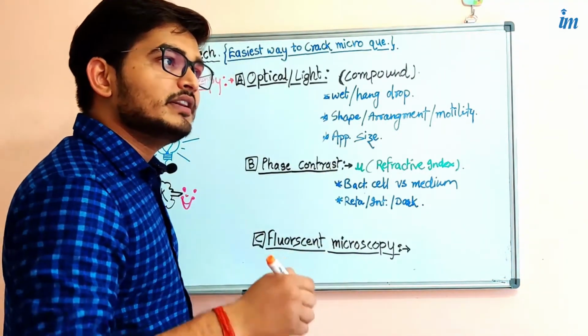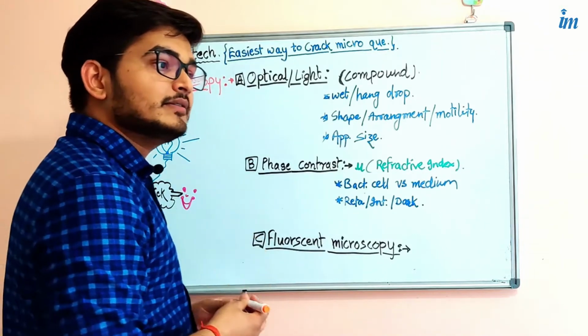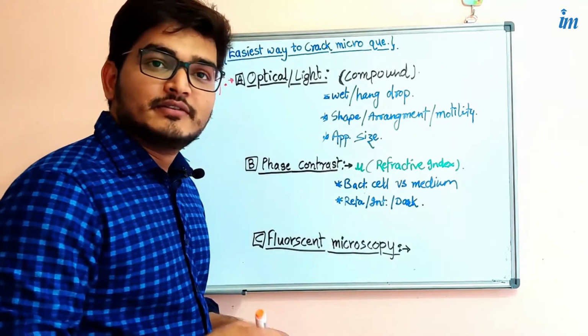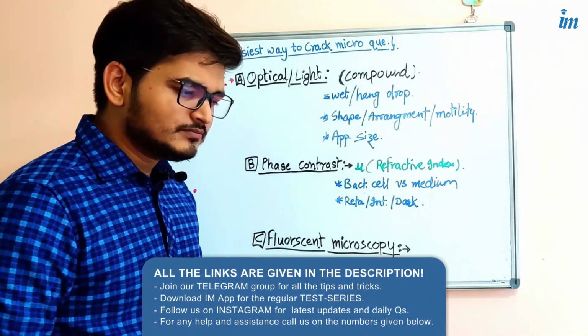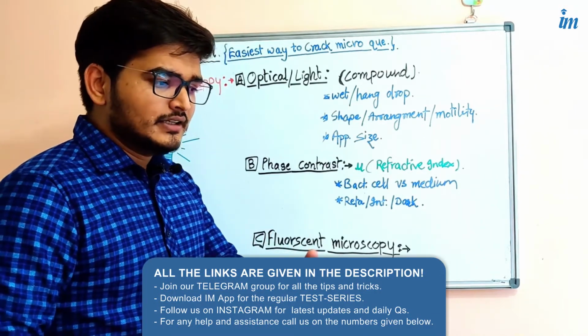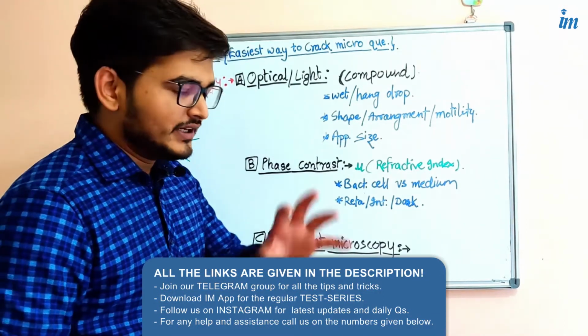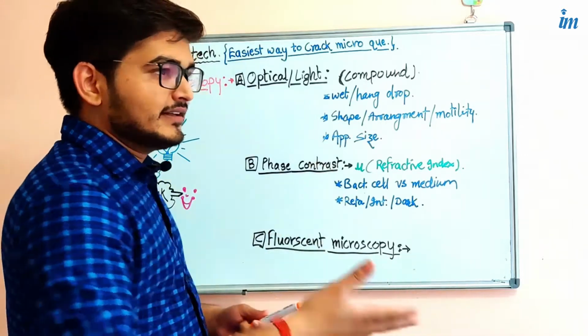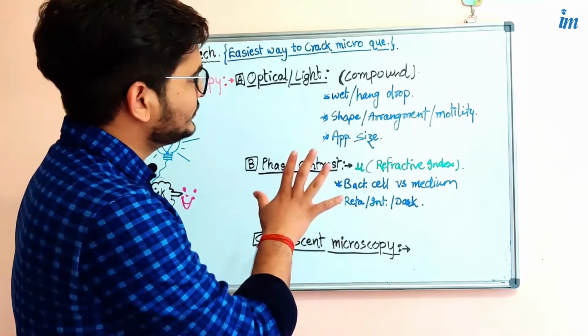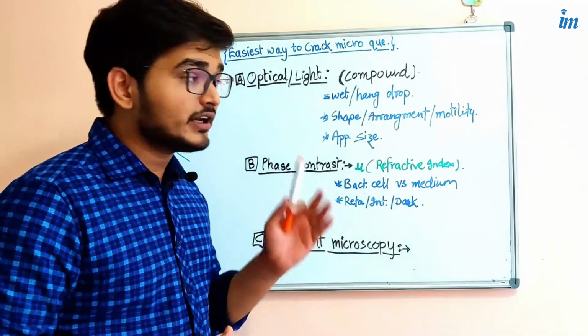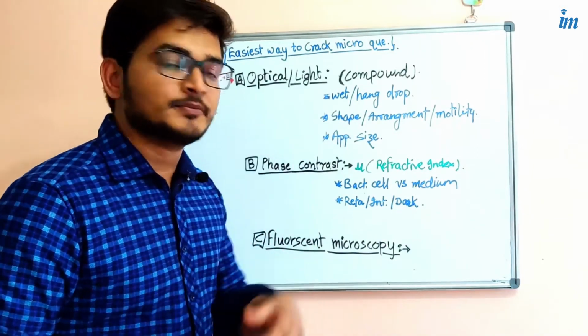Remember that in schooling time, in physics, there was optics, more accurately reflection and refraction and all. These concepts were in the schooling period and now they are going to be used in our labs.